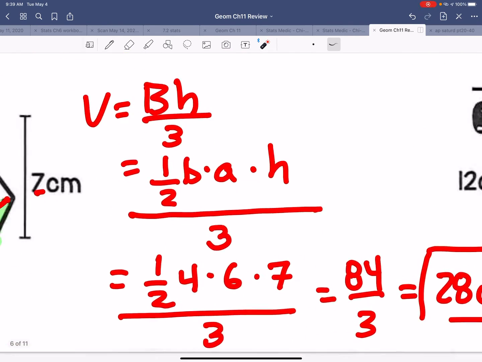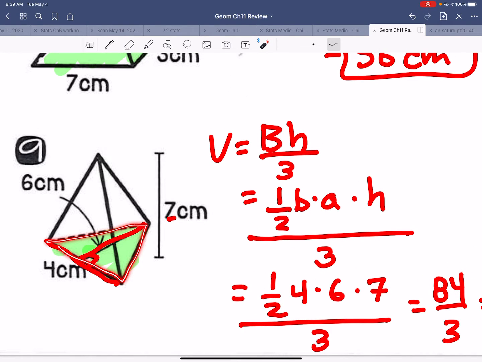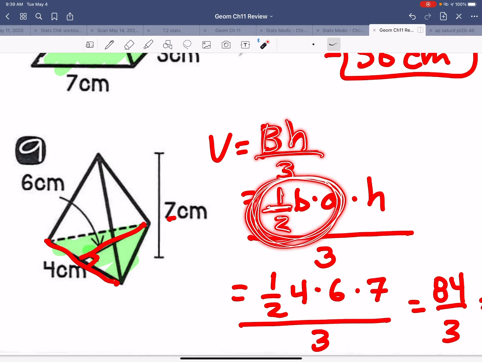Question number 9, it says we have a triangle base, not a square base. And so this is made by stacking triangles, right? And those triangles are getting smaller. So the area of the base times the height divided by 3. But our base is a triangle. So the area formula of a triangle is 1/2 base times altitude.